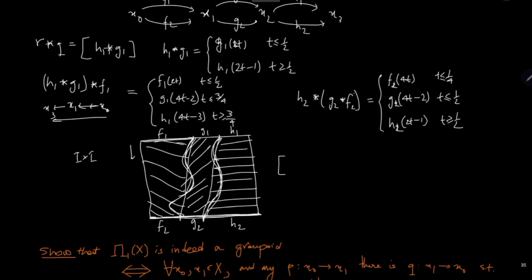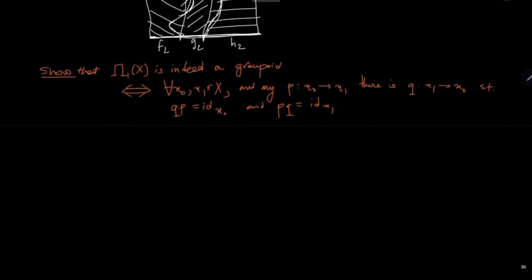We got this: the class of H1 star G1 star F1 equals the class of H2 star G2 star F2. And yeah, that shows the associativity, shows the unique existence of identity maps, and composition exists, and I don't think there is much else to be shown about this.